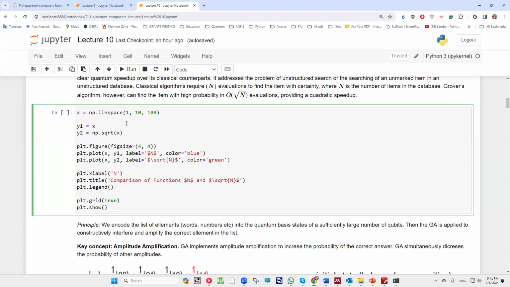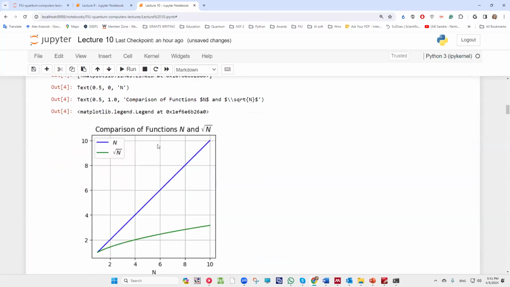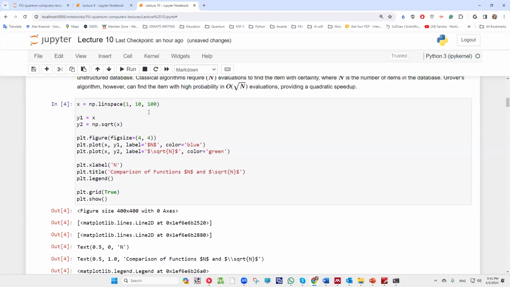And in order to give you an idea of how this complexity scales with the number of elements, I draw these two functions here. This is the result. The blue curve is just N, so it's a linear function. The square root of N is presented in green, and you can see the big difference even for 10 elements. For 10 elements, this search algorithm is useless, right?